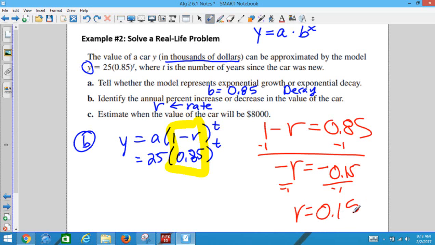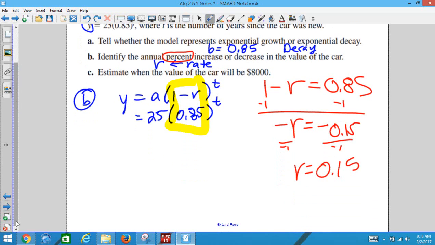So I get that R is 0.15. What am I trying to find? Question B: identify the annual percent increase or decrease in the value of the car. I'm trying to find a percent.